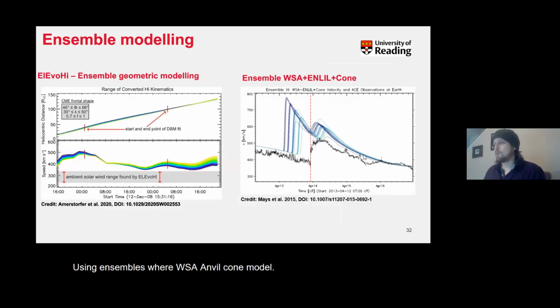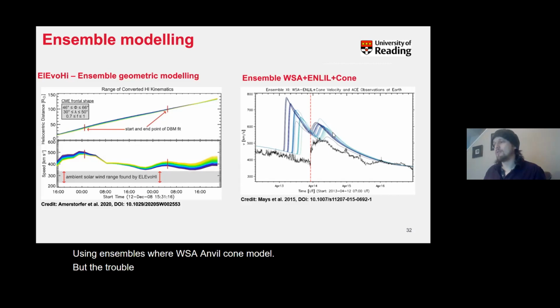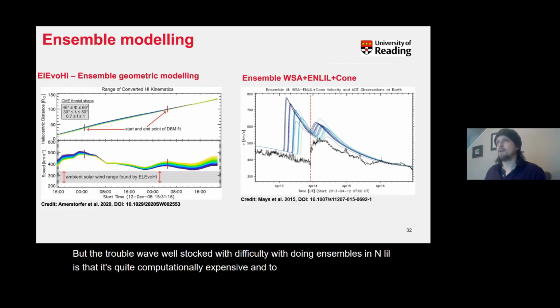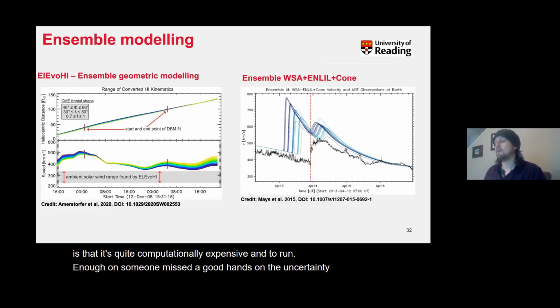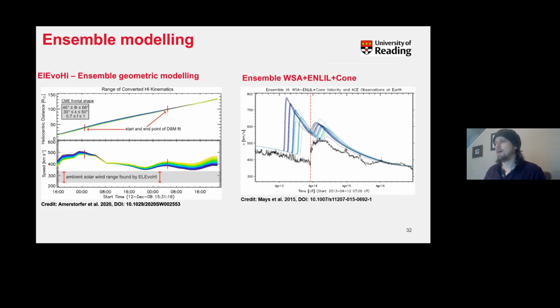But the difficulty with doing ensembles in Enlil is that it's quite computationally expensive, and to run enough ensemble members to get a good handle on the uncertainty is computationally difficult. That's one of the issues.